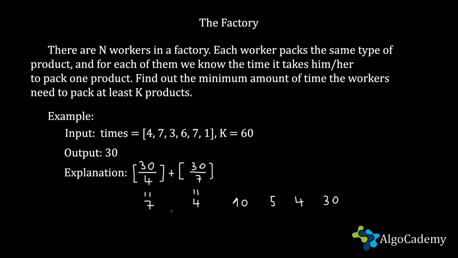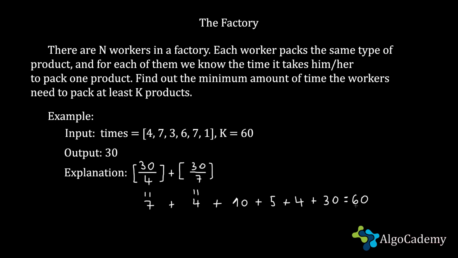So let's add these numbers together and see how many products all the workers were able to pack in 30 units of time. 7 plus 4, 11, plus 10, 21, plus 5, 26, plus 4, 30, plus 30. That's an exact total of 60, right?